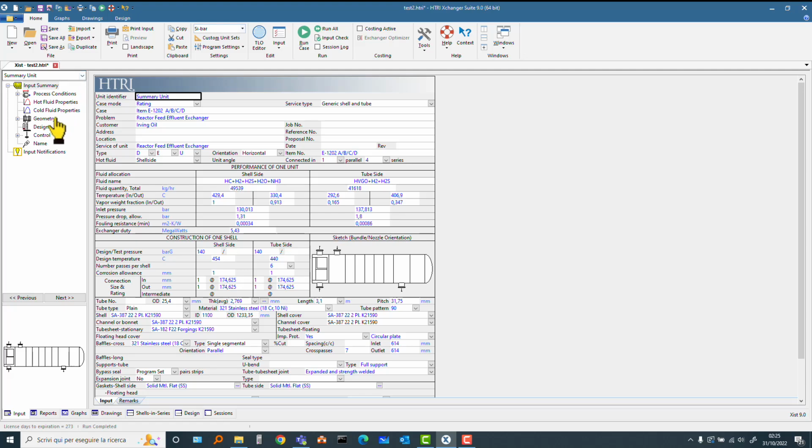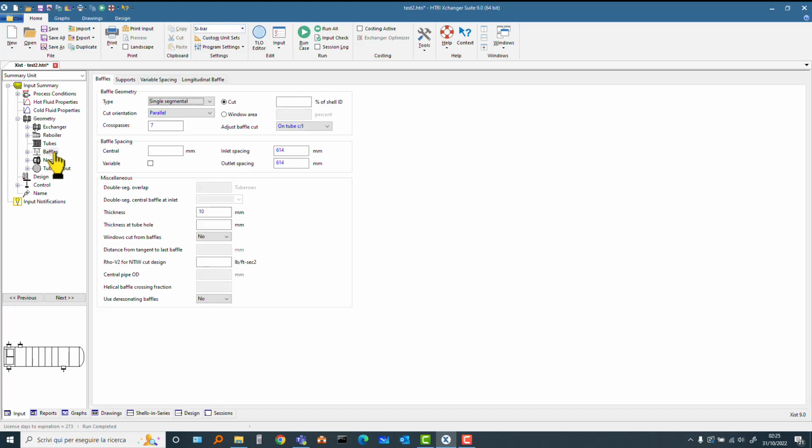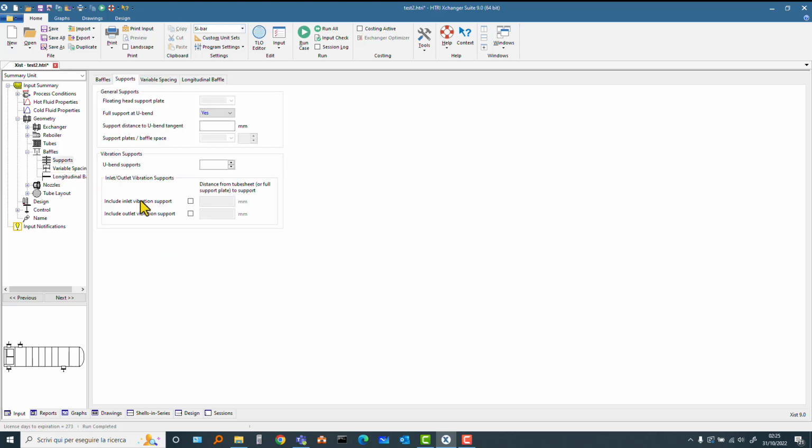Summary unit, geometry, we go to the baffles, central tube, thickness of tube layout, no, there is something more, supports, variable spacing, supports. Okay, you see these two fields, include the inlet vibration support, include outlet vibration support.